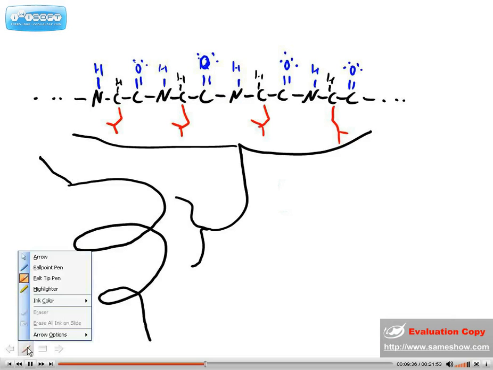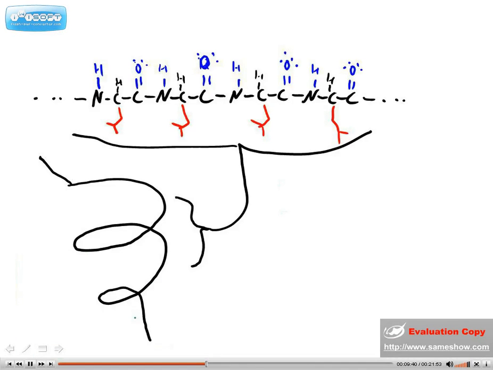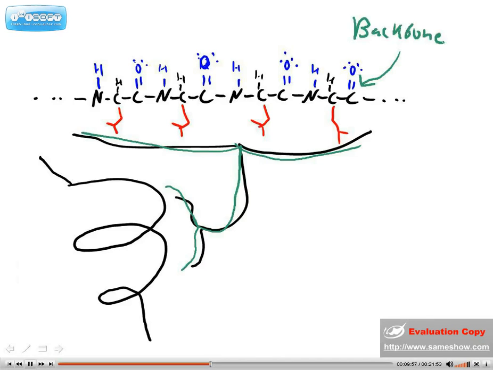So in this example right here, we have an alpha helix, and what I've done is I've blown it up so that in black you see the backbone of the polypeptide chain, or if it's greater than 15 amino acid residues, the protein chain.